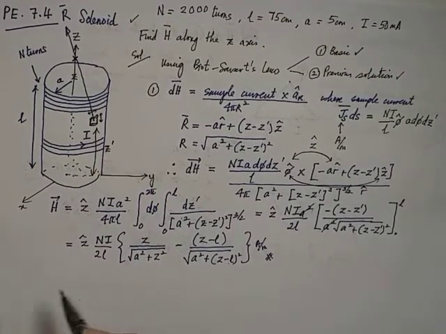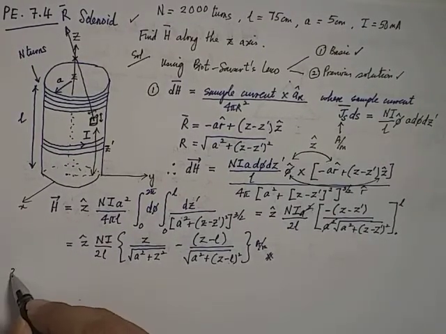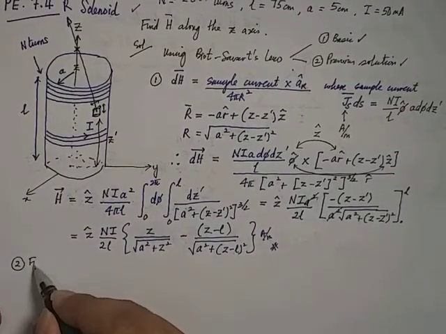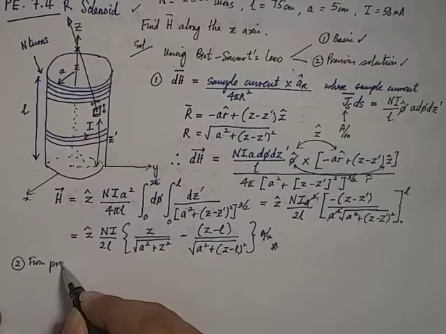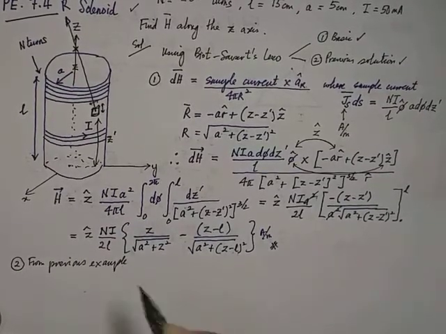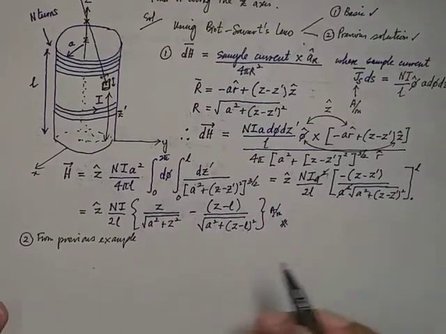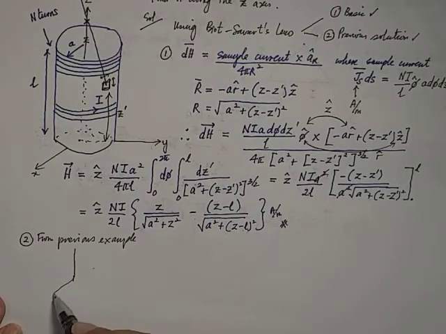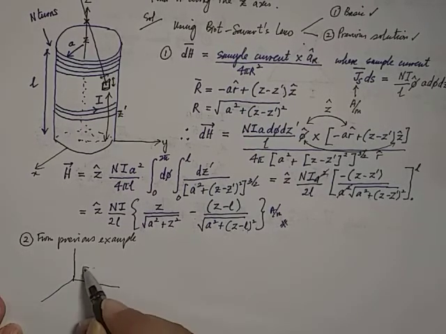What do I mean by previous solution? Remember when we solved the problem from the previous example, we have a ring located on the XY plane.